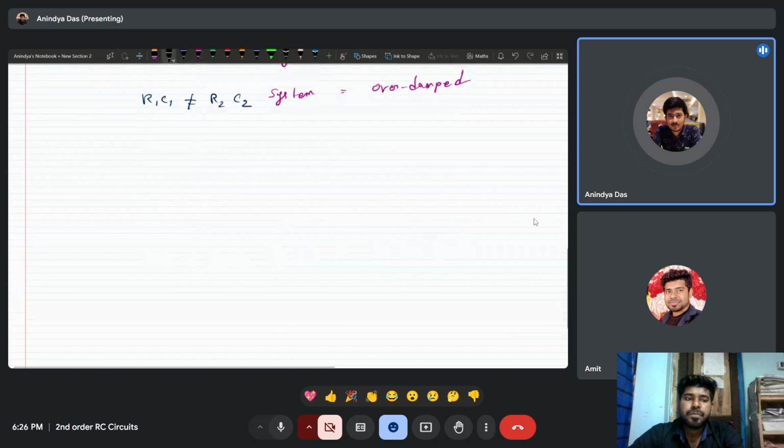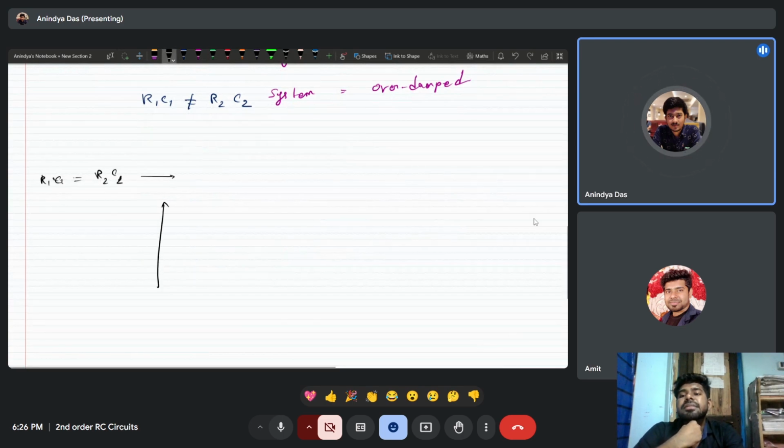So when I take R1 C1 equal to R2 C2, that means it is a critically damped system, that means our zeta is equal to 1. Correct me if I am saying something wrong.